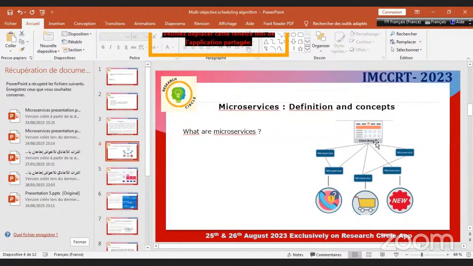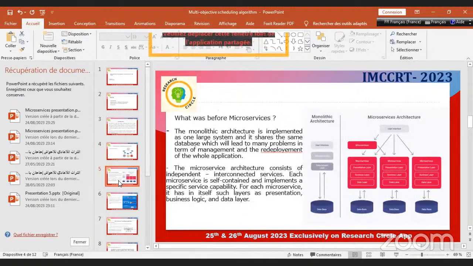For instance, the client wants to know some news, wants to do shopping, wants to make a call. So the developer will try to implement each of these services one by one. This is called microservices.